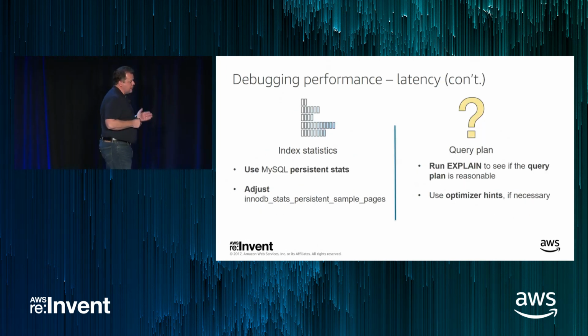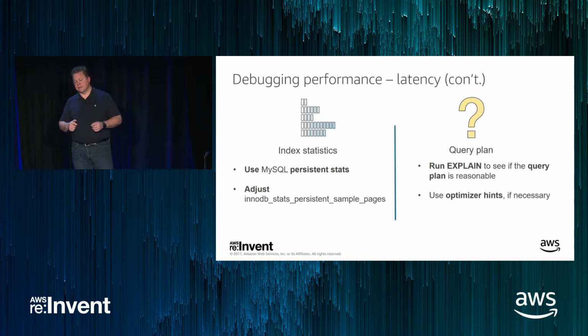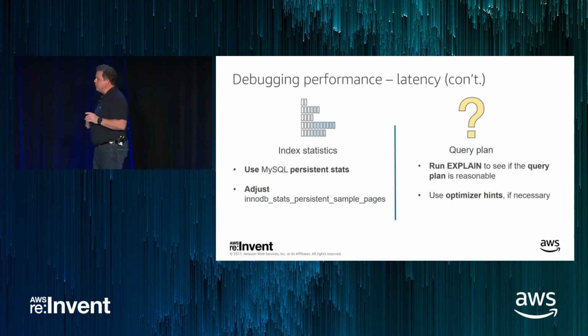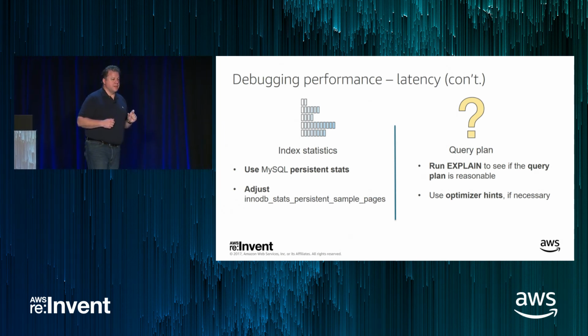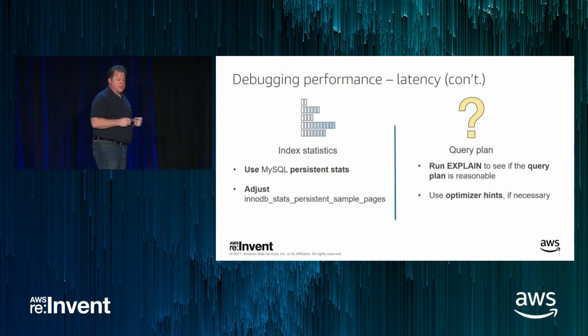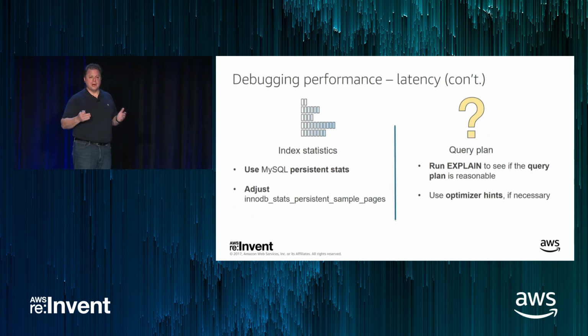Index statistics. With MySQL, there is an option to use persistent statistics. And we recommend that you do this. And we also recommend that you adjust the sample page size that you use when you create these persistent statistics. The default is 20 pages. If you have a 20-page table, that's fantastic. You'll have a very representative measure of what the statistics are for your table.